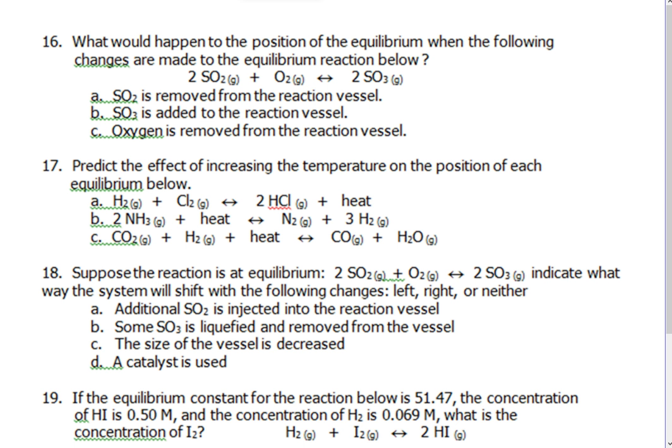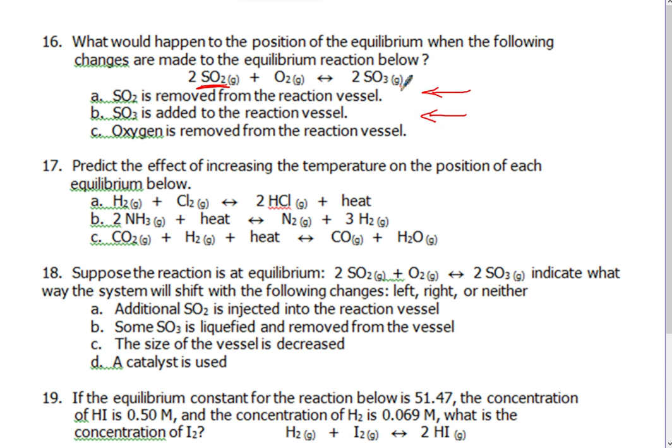More Le Chatelier stuff. SO2 is removed from the reaction vessel. Which way would this reaction shift if SO2 is removed? It would go to the left, yeah. If you remove the SO2, it's going to shift left to replace it. SO3 is added to the reaction vessel. We just mean the piston or the container.